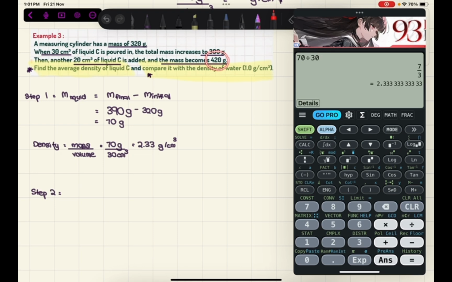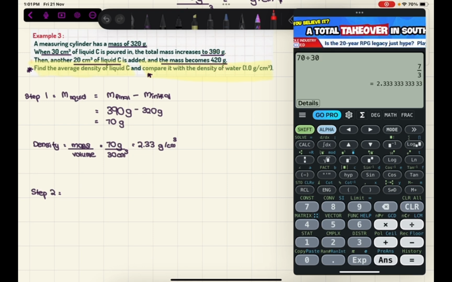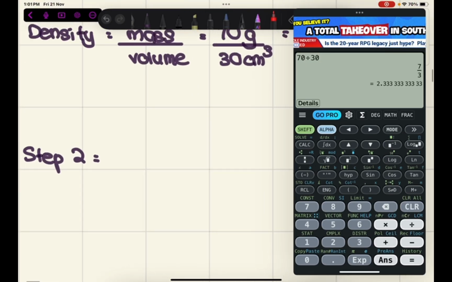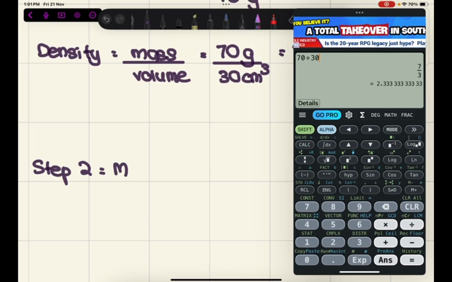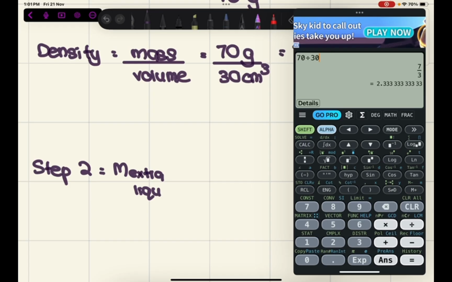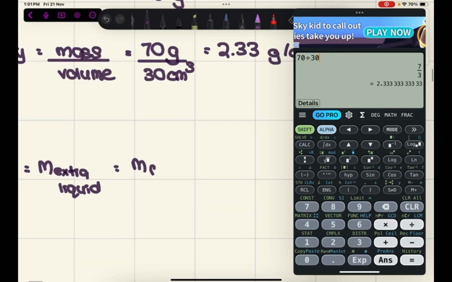Again we need to find the mass of this extra liquid by subtracting. So for step 2, we need to find the mass of extra liquid. Same formula like before.